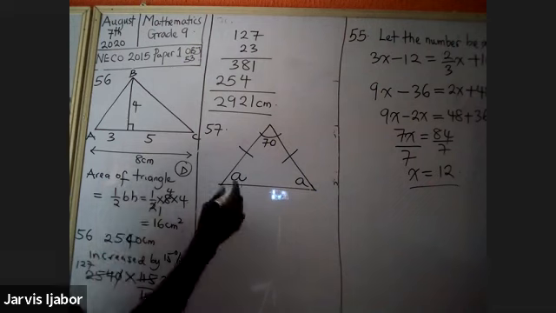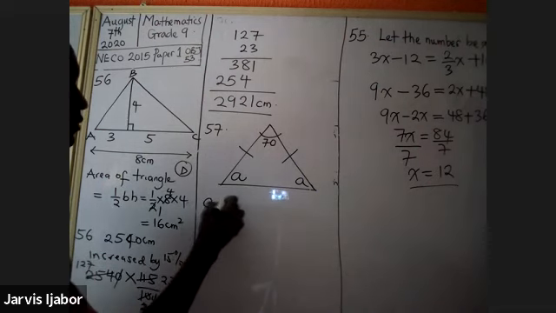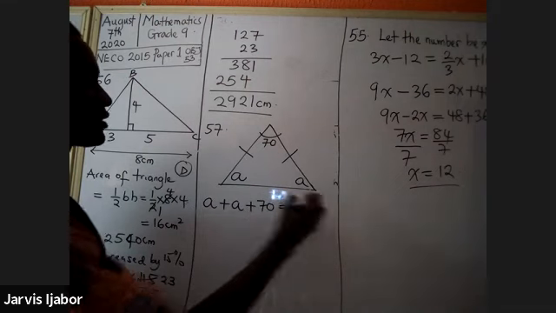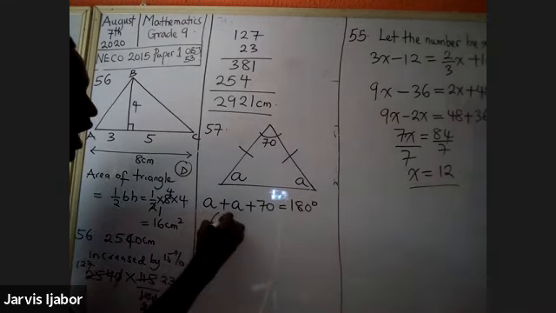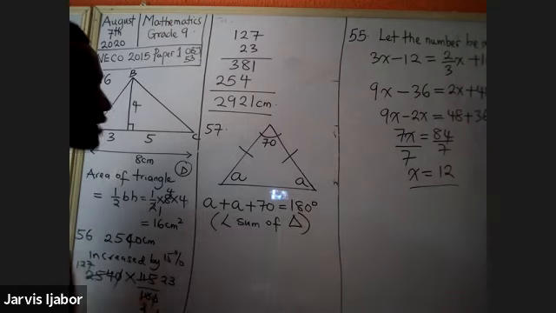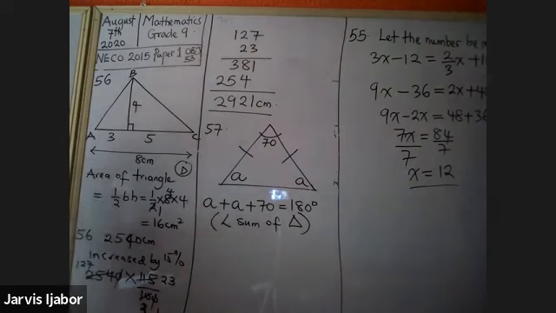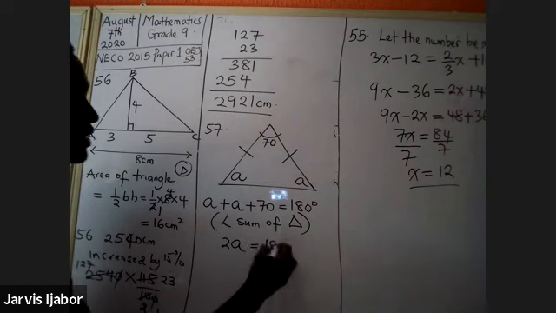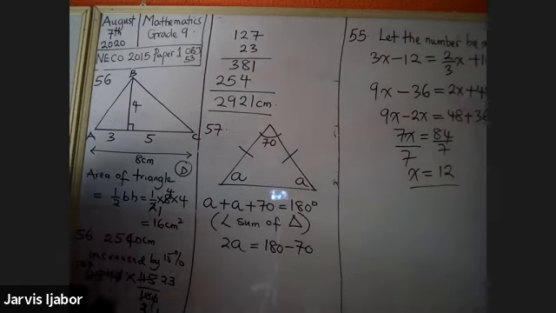So what will you do to get your answer now? Quite simple. You then add this. So A plus 70 will be equal to 180 degrees. Why? Angle sum of triangle. That's it. The angle sum of triangle is the reason why this is possible. So you have what? 2A equal to what? 180 minus 70.